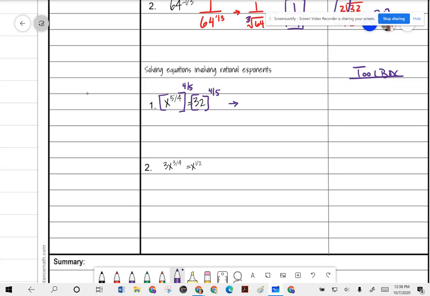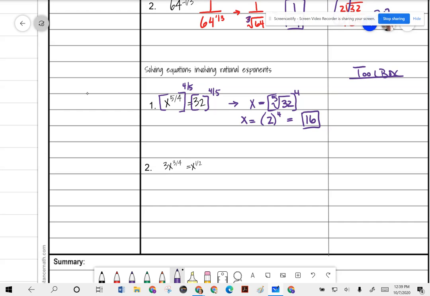So when we simplify this, we're just going to be left with x is equal to the 5th root of 32 to the 4th power. So if I were to think about the 5th root of 32, the 5th root of 32 is 2, and then 2 to the 4th is 16.